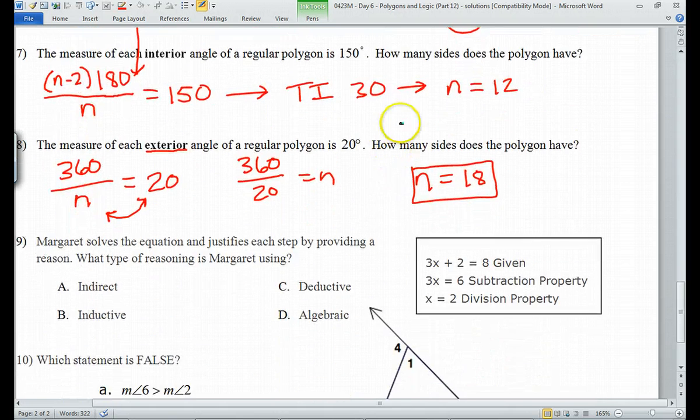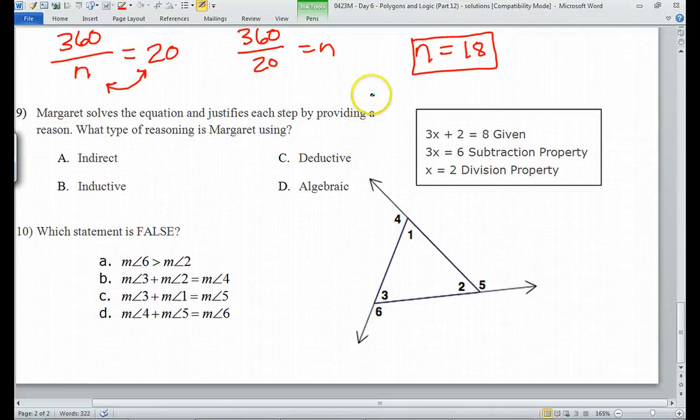Look at number 9. Margaret solves the equation. She justifies each step by providing a reason. What type of reasoning is Margaret using? She started with 3x plus 2 equals 8. That was given.